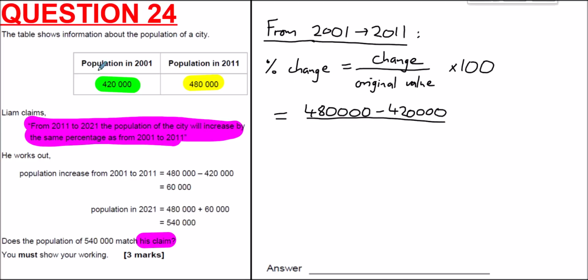Original is the starting population, so for this particular question it started off being 420,000. So for the time period 2001 to 2011, the original in this case is 2001, because that's where we're starting from. So that's the fraction. We need to multiply that by 100. And that'll give us our answer.